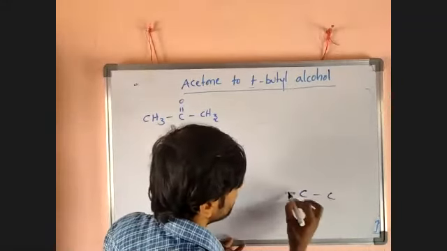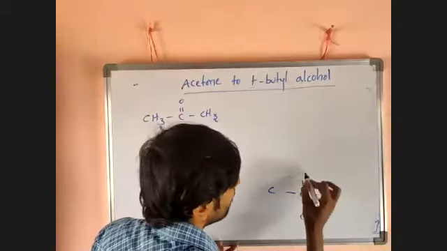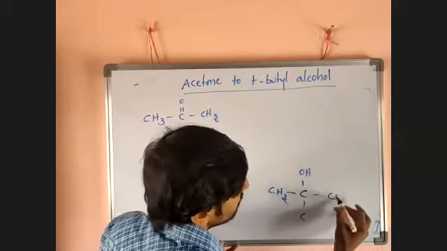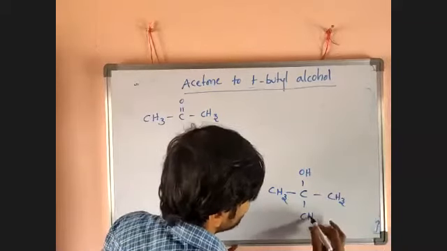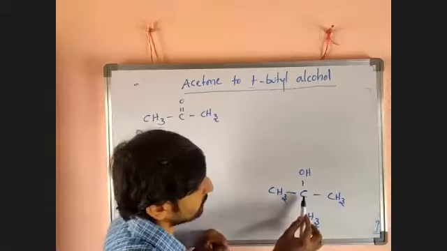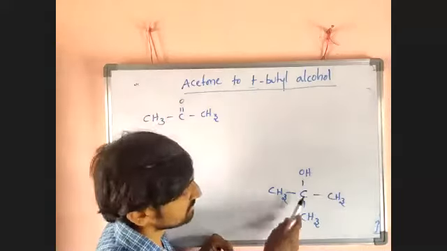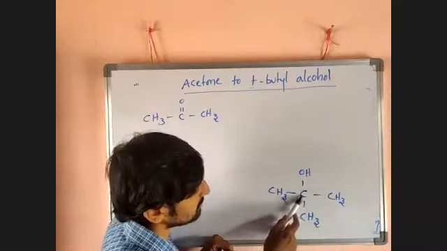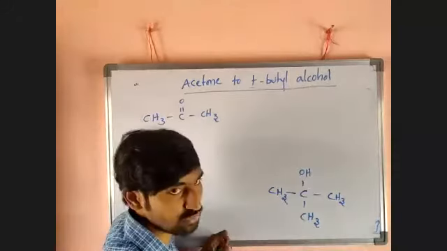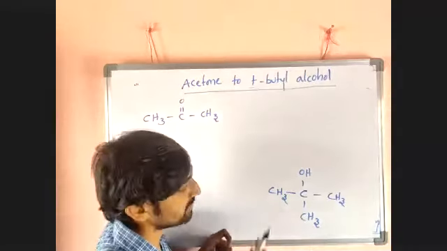Here C, here C, here C. Alcohol means with OH, and the remaining bonds of carbon are neutralized with hydrogens. If a carbon is linked with 3 other carbon atoms, that is tertiary simply. I just link OH to that carbon, and the remaining bonds are neutralized with hydrogen. It is tertiary butyl alcohol.